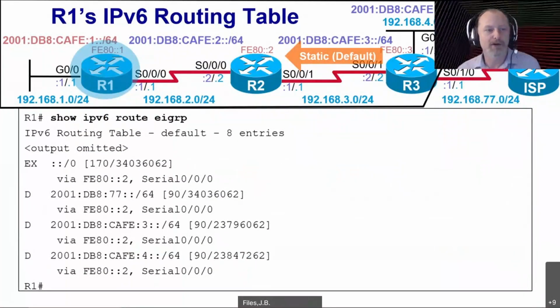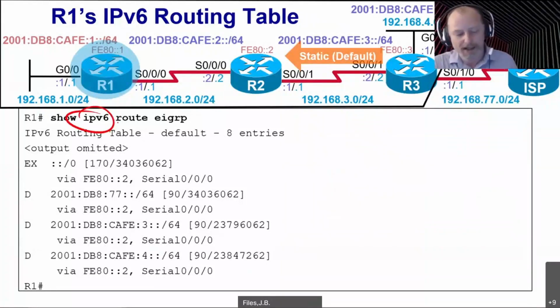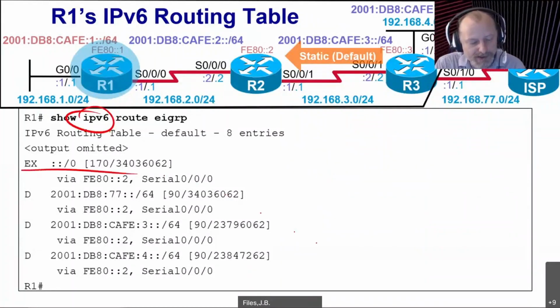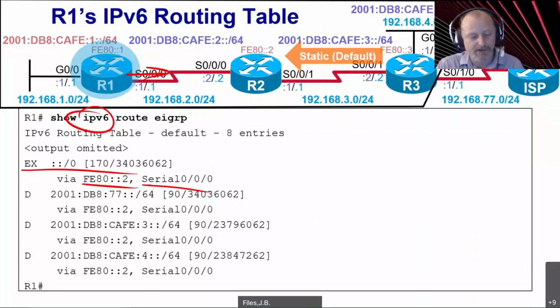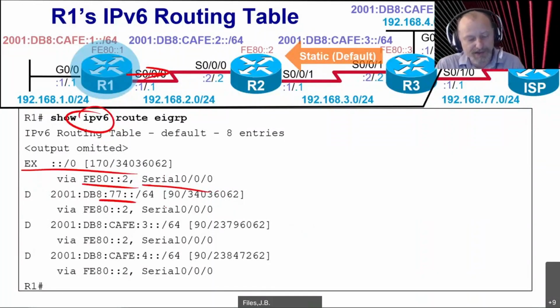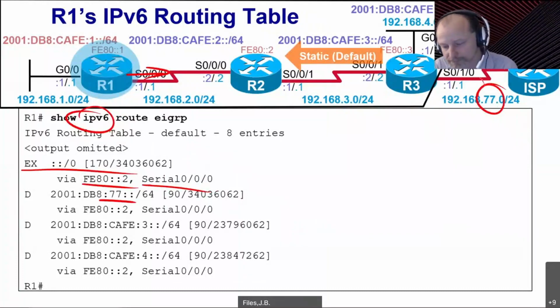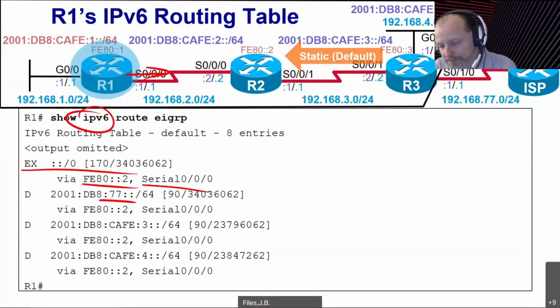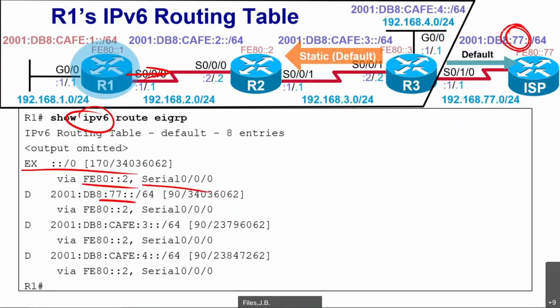If we're on R1, we do a show IPv6 routing table. Okay. Now we have this static route via FE80::2 out serial 0/0, right? The 77 subnet over here. Oops, wrong one. Oh, I'm covering it up. 77 subnet over here.